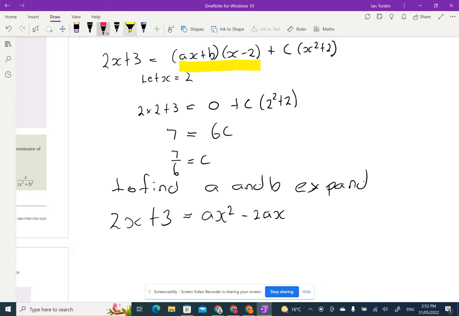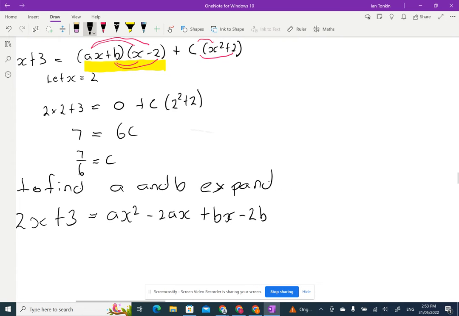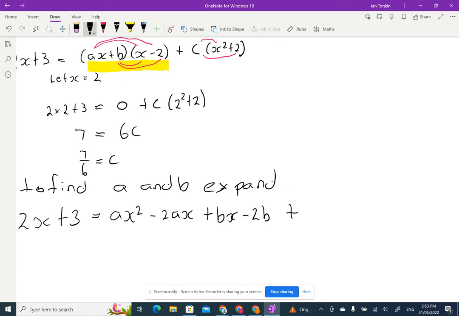I'm just doing that times that, that times that, and I'm going to get two things here. So I've got ax squared minus 2ax plus bx minus 2b. And then over here, I'm going to get cx squared plus 2c.